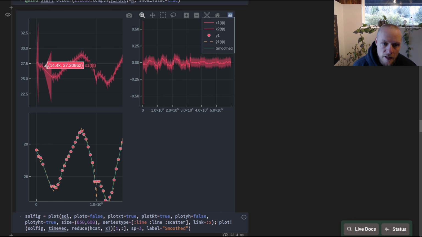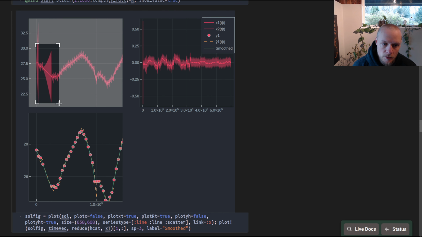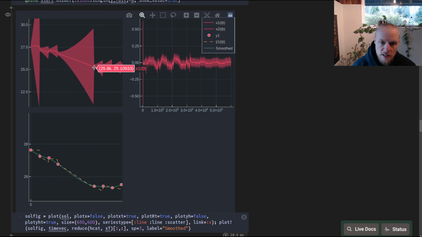The covariance grows here, because there are no data points available. And then as soon as a new data point becomes available, the covariance drops because now we have new information. Then there are a bunch of missing points again, and the covariance grows. And once we get a new data point, we drop the covariance again.